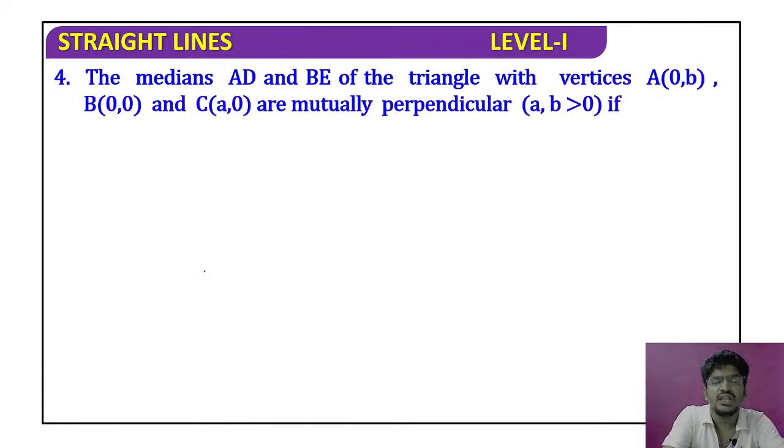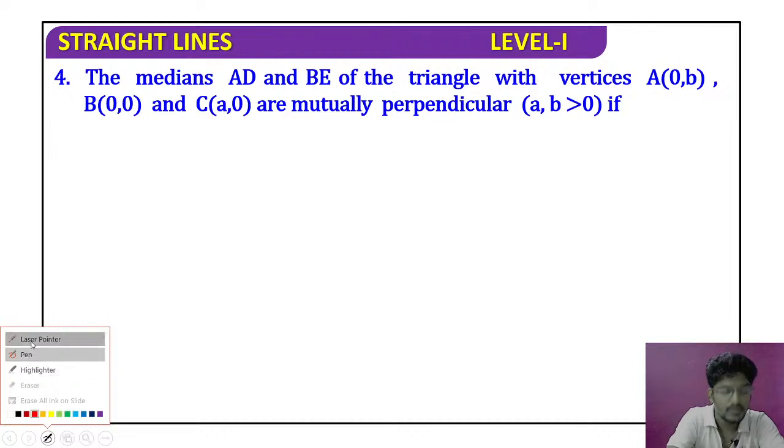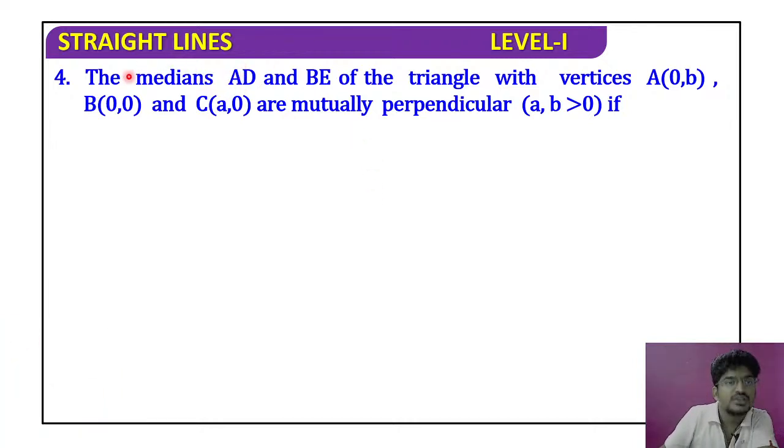The medians AD and BE of the triangle with vertices A of 0 comma b, B of 0 comma 0 and C of a comma 0 are mutually perpendicular, where a, b are greater than 0.